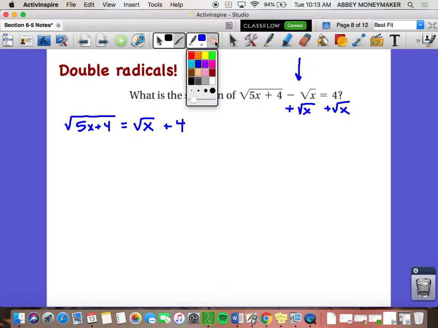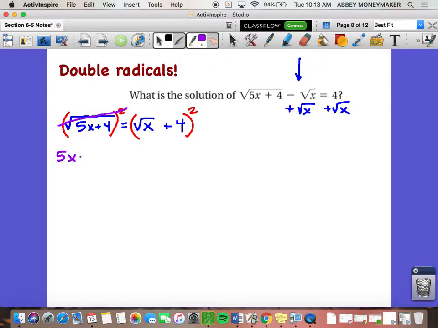So now that we have each radical on each side of the equal sign, I can go ahead and square both sides. So that cancels out that square root. So I'm left with 5x plus 4. And again, I'm going to write this twice and distribute.